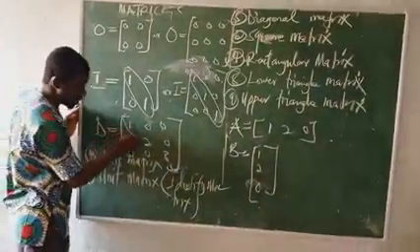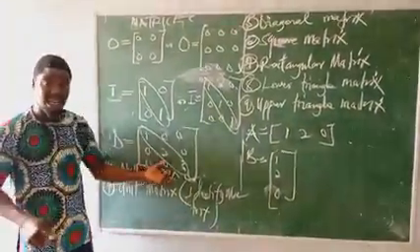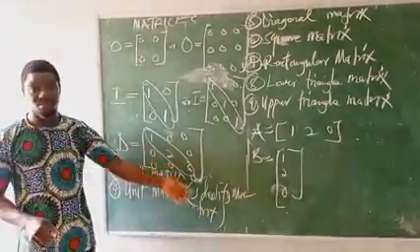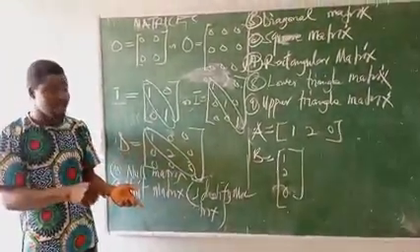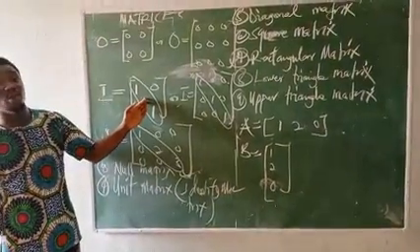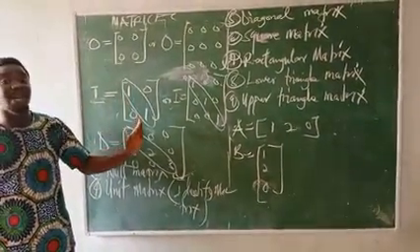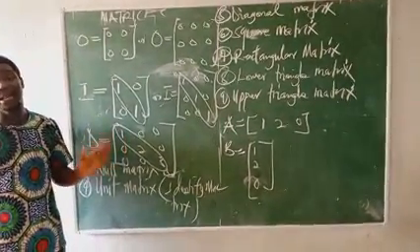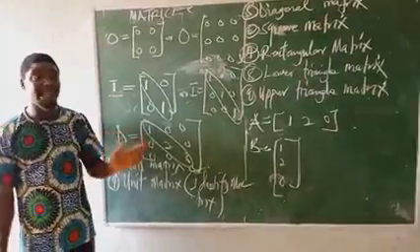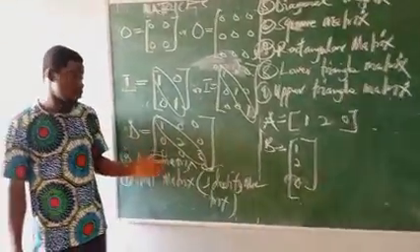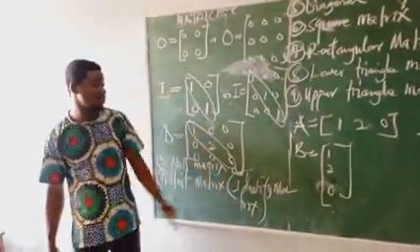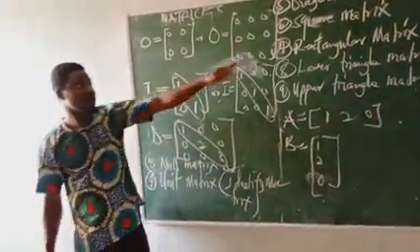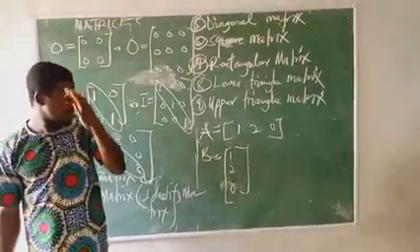You can see that these are the elements in the principal diagonal. They are taking values randomly, unlike the unit matrix, whereby the values in the principal diagonal must be 1. But here, the values in the principal diagonal can be any number, but every other element in the matrix must be equal to 0. So that's the meaning of the diagonal matrix.